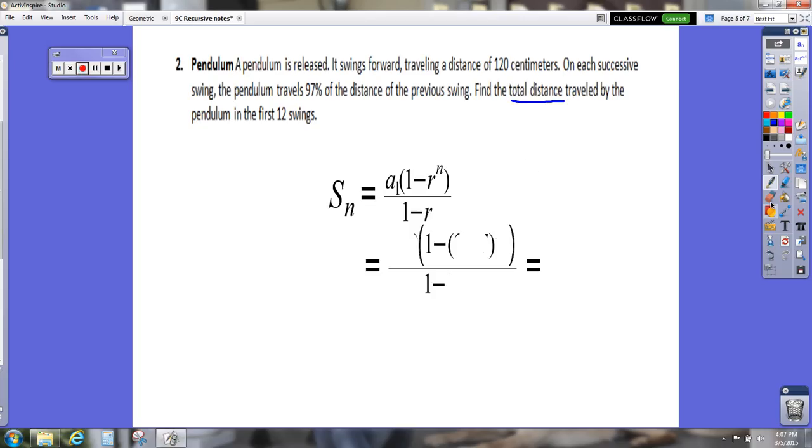Our initial amount that we traveled was 120. Our rate is 97%, or 0.97, and it's on our first 12 swings. So here 1 minus r, that's 0.97. Again, be very careful putting that in the calculator, but you should get the total. It covers a total distance in the first 12 swings of 1,222.63 centimeters.